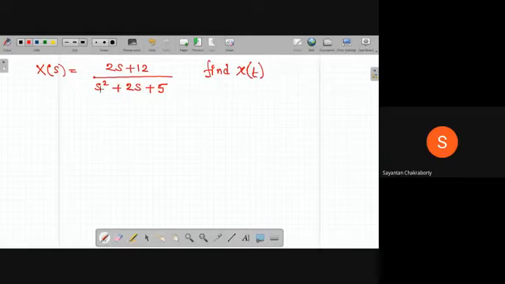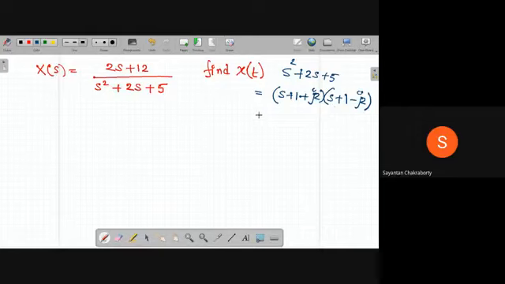In this case, you can obviously factor this s square plus 2s plus 5 in the form (s plus 1 plus j2) into (s plus 1 minus j2) and obtain K1, K2. But I will recommend that you do not do that.